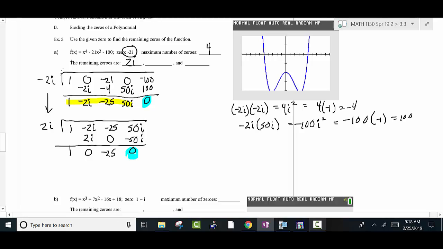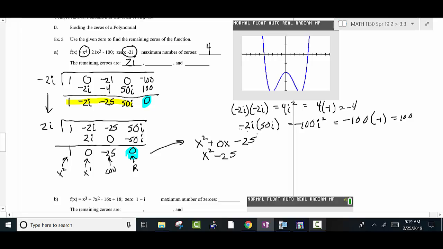Now remember, this was a 4th degree polynomial. So it kind of goes like this. This is the remainder. That's a constant term. This is x to the first. That's x to the second. So that really is a quadratic equation that we're left with. So if you just write what you're left with, you have x squared plus 0x minus 25, or x squared minus 25. Now you have to set that to 0 and then solve.